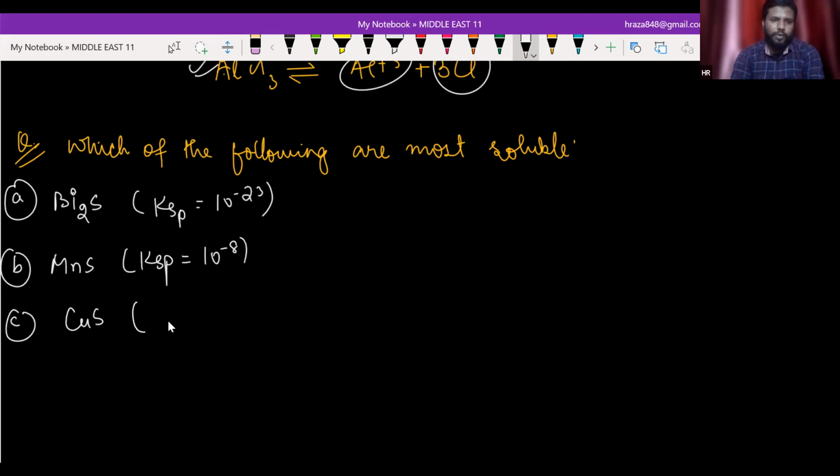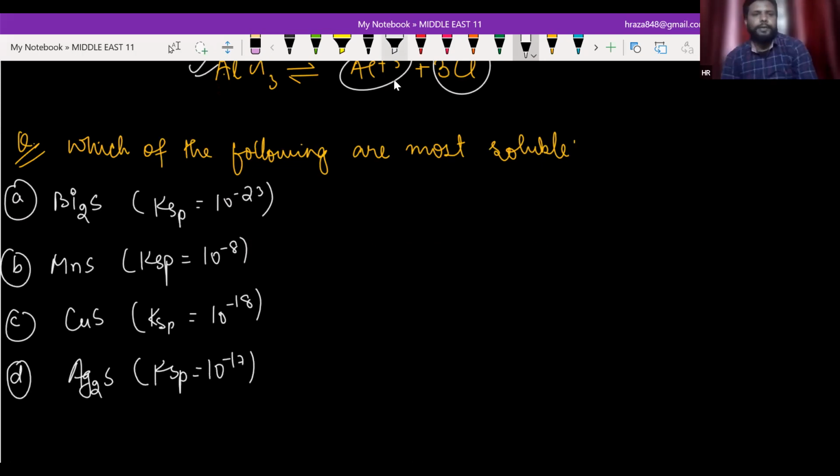CuS, Ksp has a value that will be equal to 10 raised to the power minus 18. Please do it and let me know the answer.